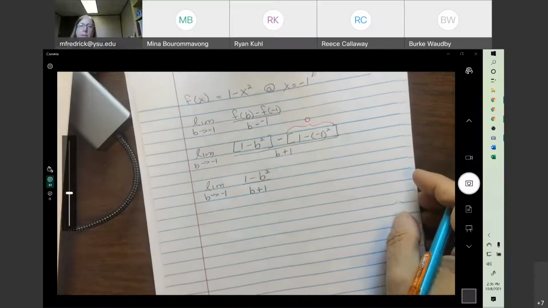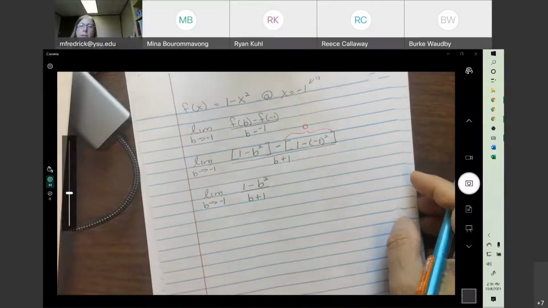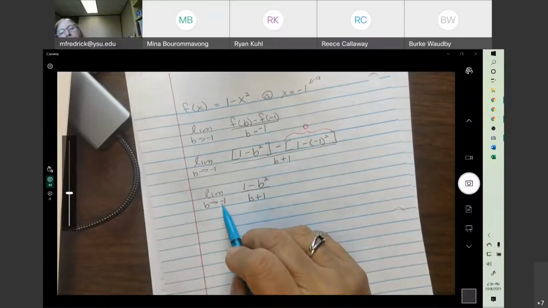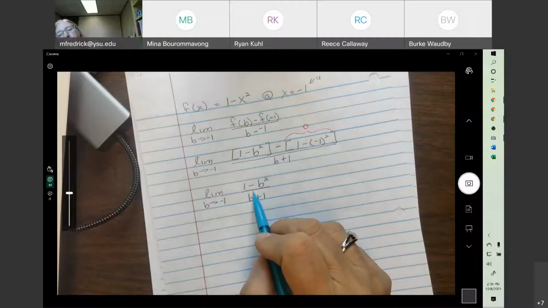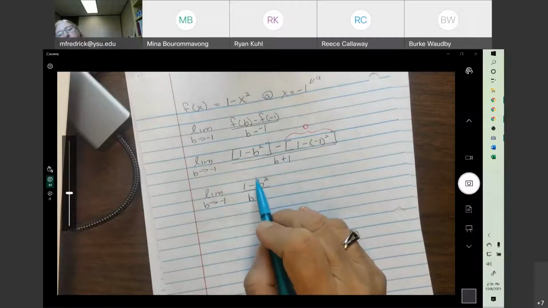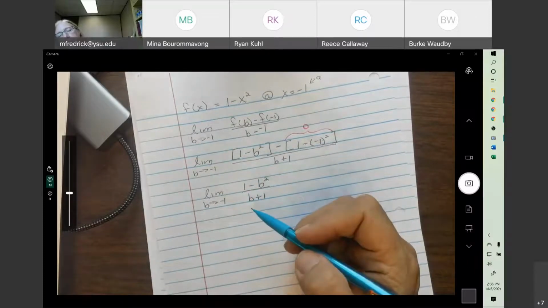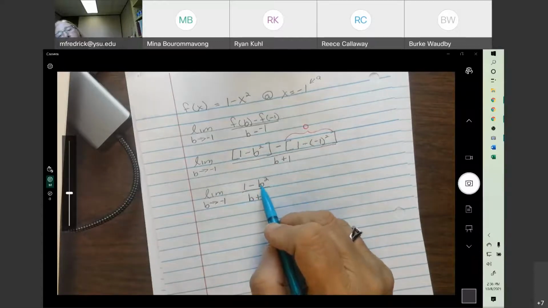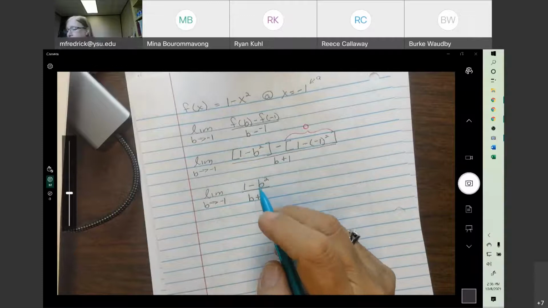Any questions so far? Now you need to use your algebra skills and simplify. Because notice if we plug a negative 1 in here, we're getting a 0 in the bottom. So if we can't simplify this, then the limit doesn't exist. Also, if you plug in negative 1 on top, you have 0 over 0.